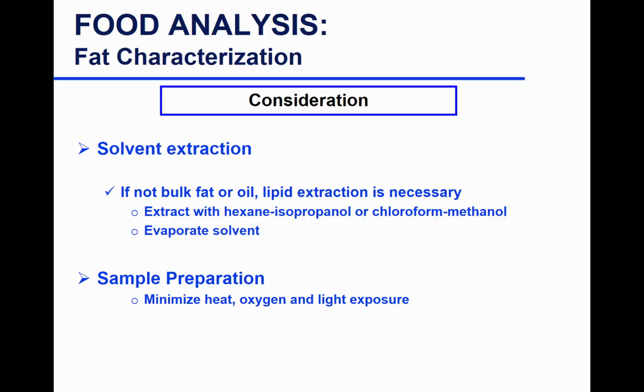So the first step is to extract the fat if you're not working with the bulk fat or oil material. To do that, you use solvent extraction. Oftentimes it's a combination of a couple of solvents, so you make sure that you extract the polar and non-polar lipids, and then you remove the solvent by evaporation and you carry out that test.